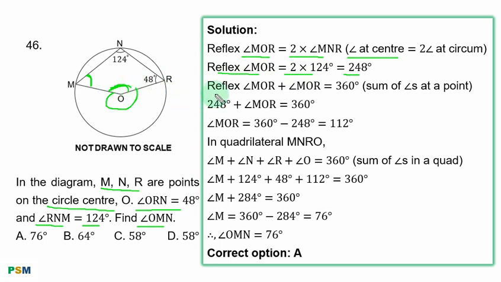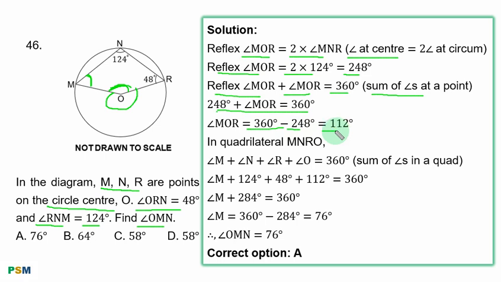You have to add the reflex angle to the obtuse angle. The sum is equal to 360 degrees, the sum of angles at a point. The obtuse angle becomes 360 degrees minus the reflex angle, 248 degrees.